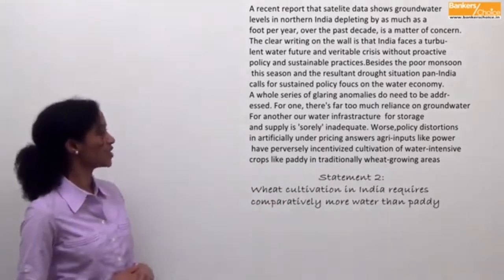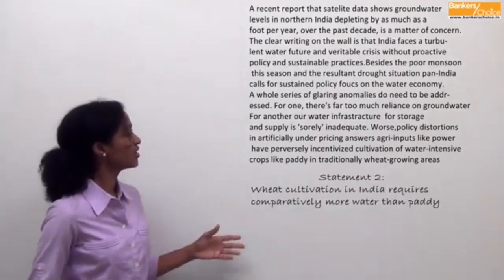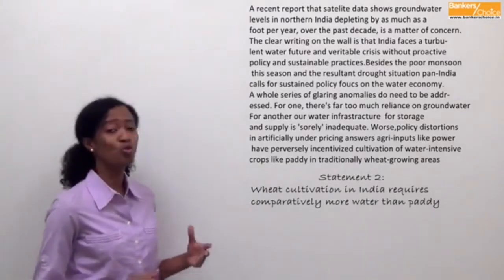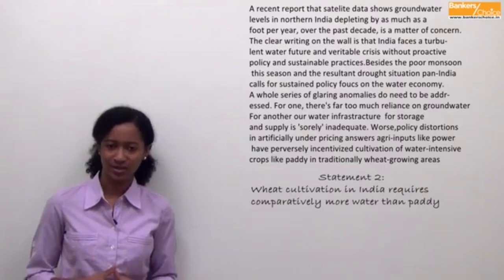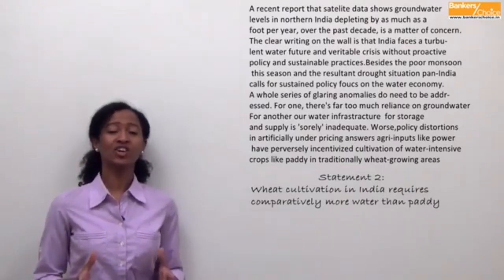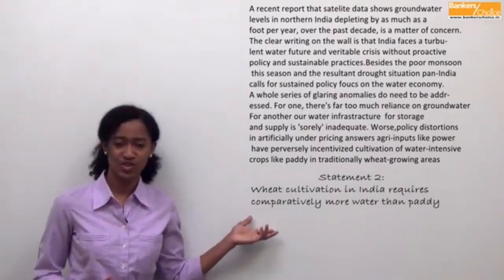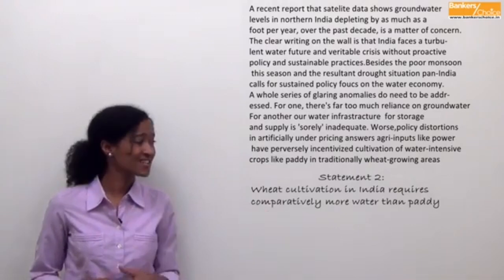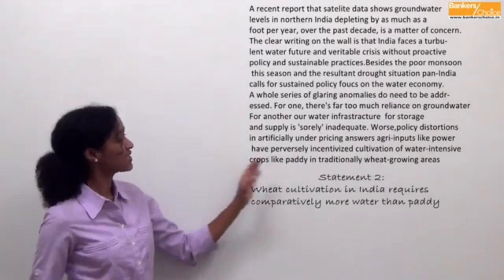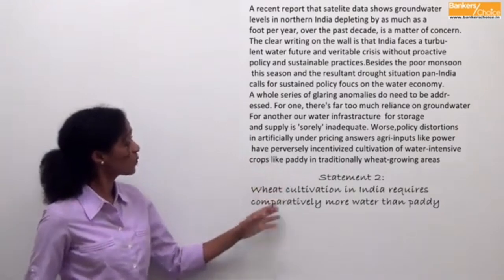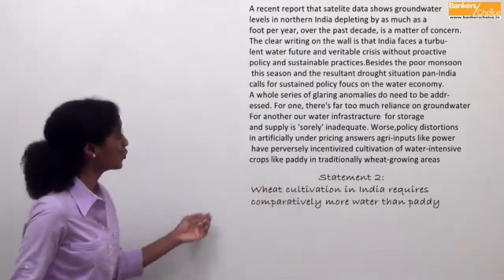The second statement reads, wheat cultivation in India requires comparatively more water than paddy. Now here again this is an easy one because it completely contradicts the fact that is given in the passage. And where do you find this in the passage? In the last line. The last line very clearly says, power have perversely incentivized cultivation of water intensive crops like paddy in traditionally wheat growing areas.